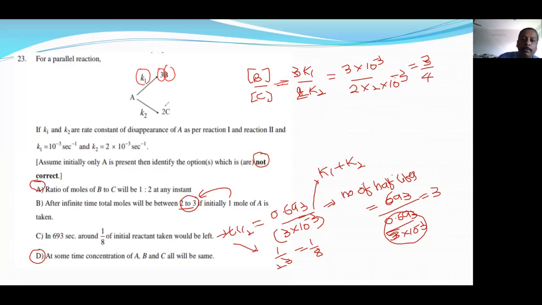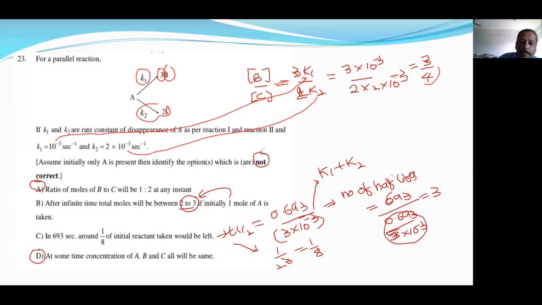At the same time, concentration of C will be 2K2, okay? So here K1 is already given as 10 to the power of minus 3. K2 is already given as 2 into 10 to the power of minus 3. So it will be 3 by 4. What is the answer? Ratio of concentration of B and C will be 3 by 4.